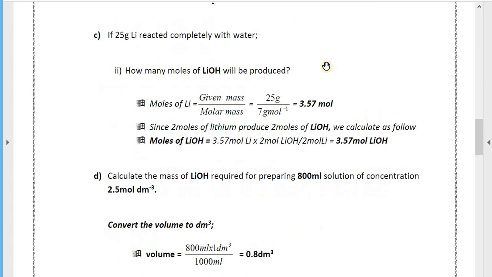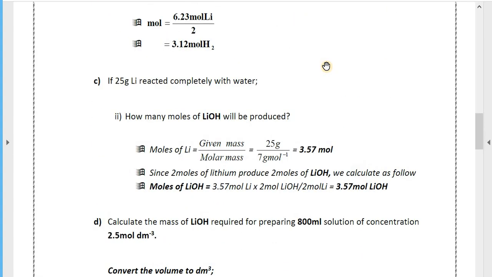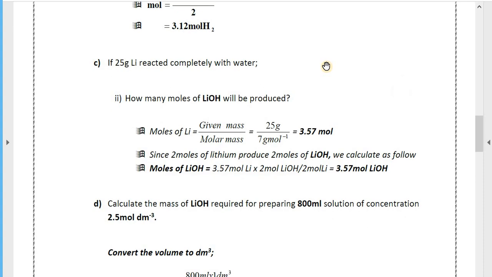So here, the 25 grams that you are now given, you should change it to moles. How many grams of lithium are there in 1 mole? There are 7 grams. You just find it on the periodic table. The atomic number is the number of grams that you find in 1 mole.